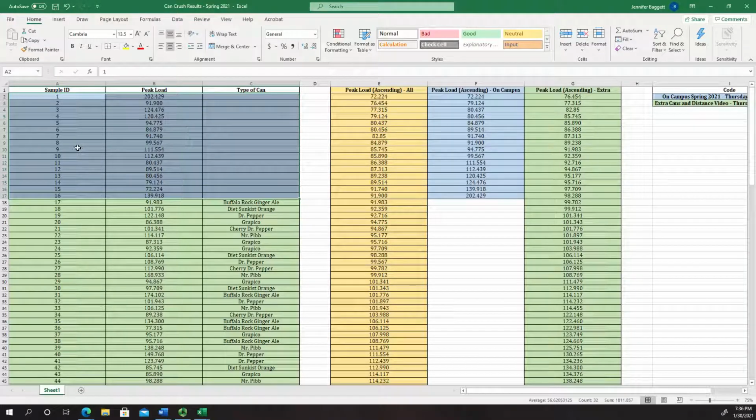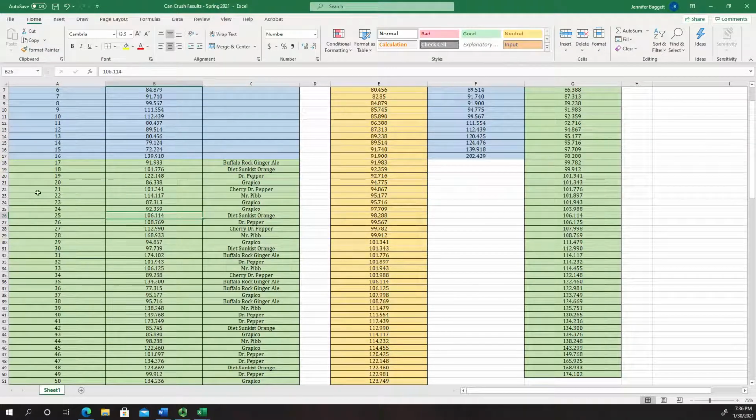So these 16 cans were tested by students in the lab, and you can use this set of data as one option. And then the section that was in green are cans that I tested after the Thursday on-campus class, which mainly was to make a video for the students who didn't come in class, or for the distance video for spring of 2021, or just in order to have additional cans for the calculation and to give more values to work with.